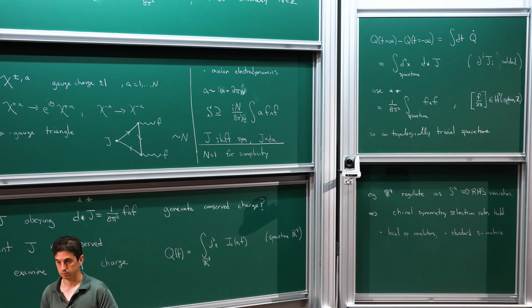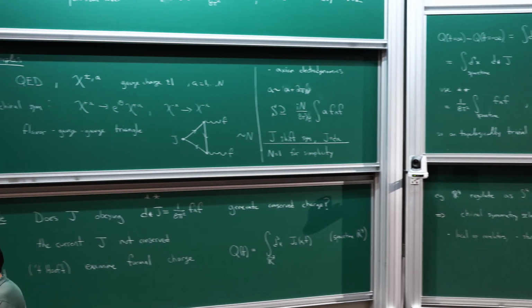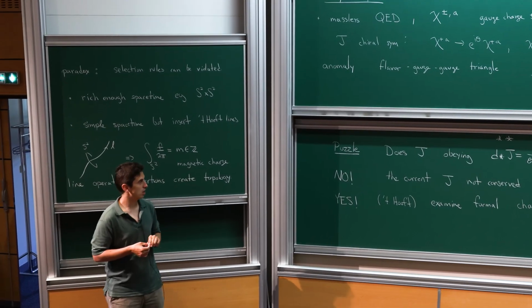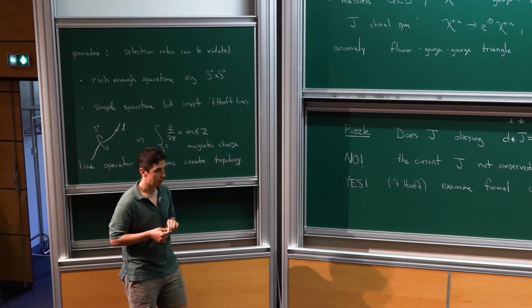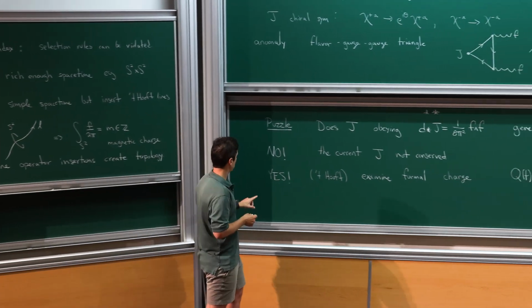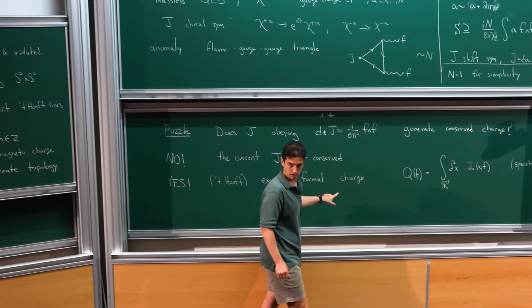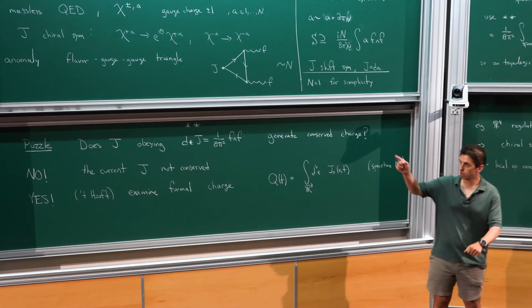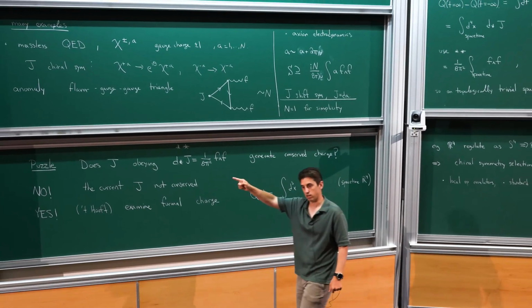Why did you call this a paradox? Well, my view on the paradox is that you want to develop a notion of symmetry which is sophisticated enough to incorporate this selection rule here, but also produce that answer somewhere else.